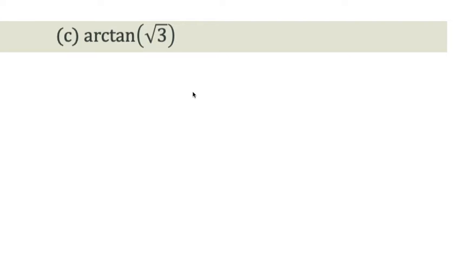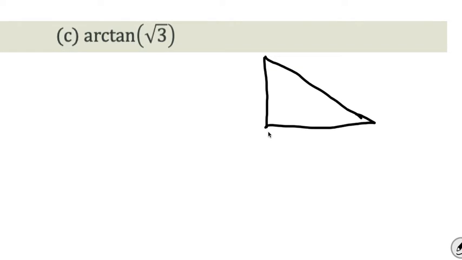Arctan of square root of 3. Again, we're going to go back to our right triangles because we can do that for this one. So we have square root of 3. Let's say this is our angle. Remember tangent is opposite over adjacent. Sorry, it's an O, not a theta.